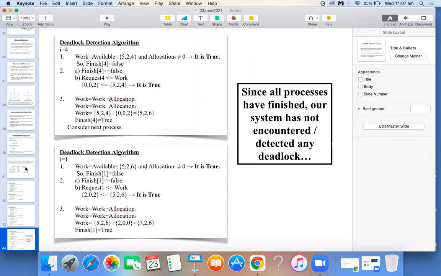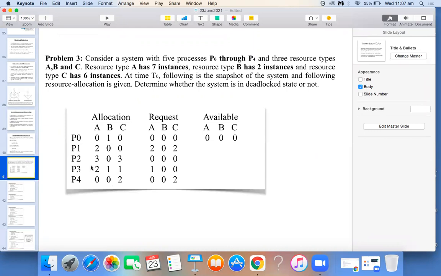Okay. So one more time I will tell. Whenever in your problem, and one more thing, you observe this. How many resource type A you have initially? 7, correct? B 2, and C how many resource instances you have? 6. So 7, 2, 6, correct?